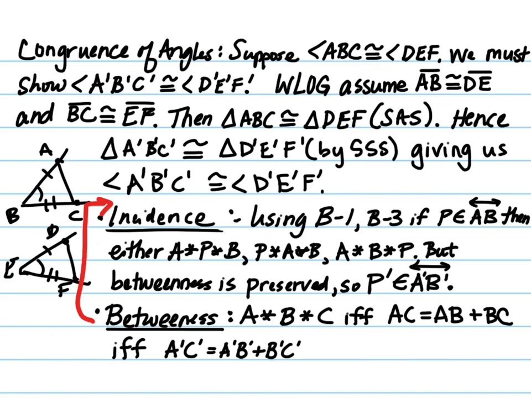We're just transferring into the other part, the transformed part. And this will be true if and only if B prime is between A prime and C prime. So if I put them in the right order, we would be done. I got the incidence and the betweenness labeled wrong when I was starting.